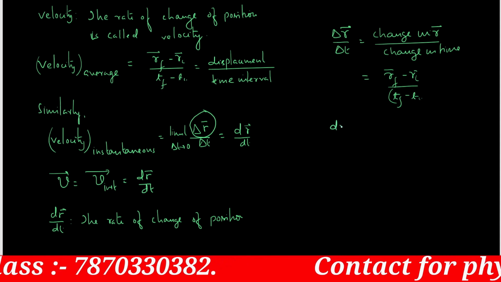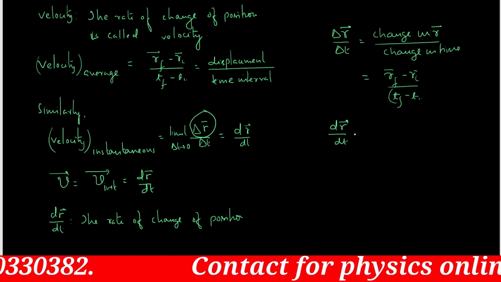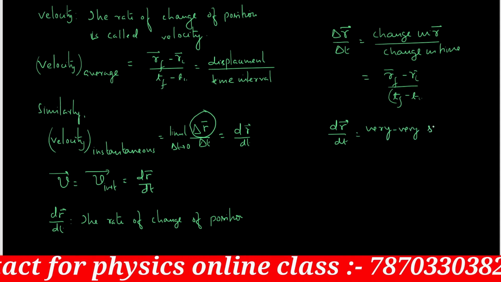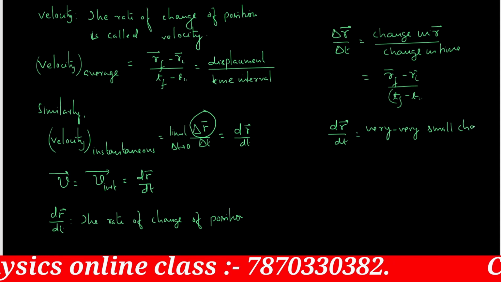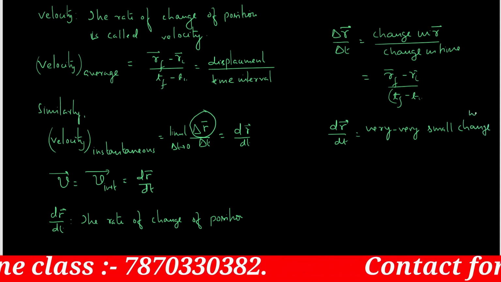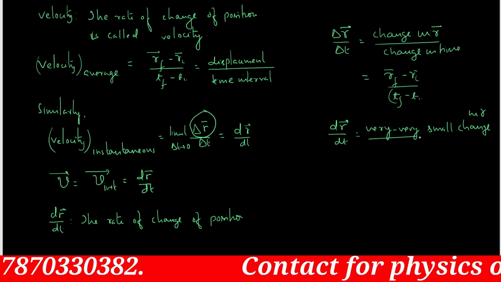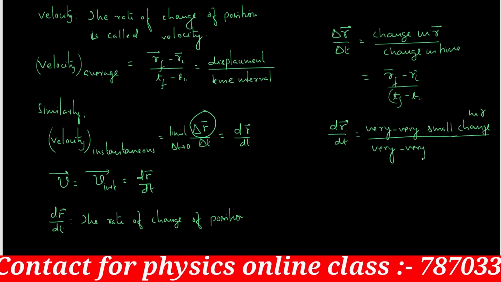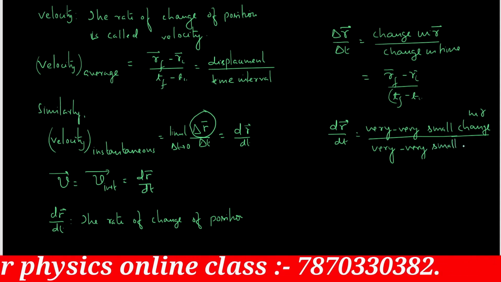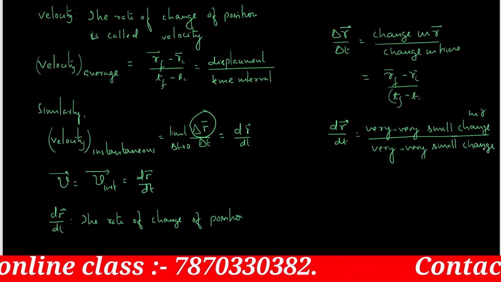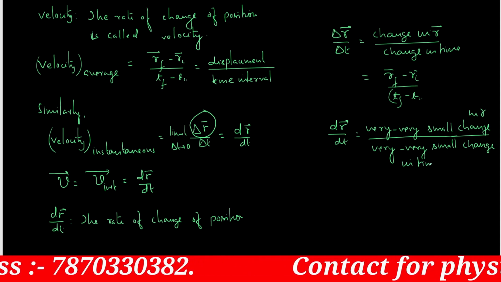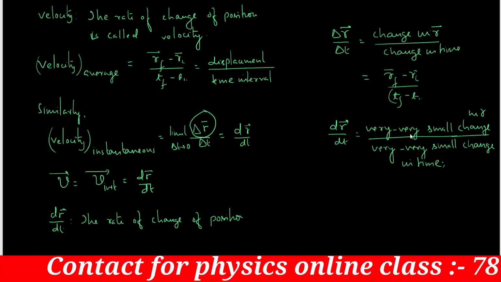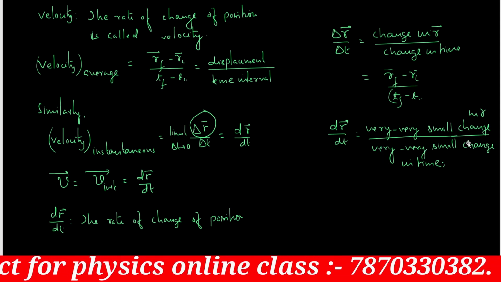But dr means a very, very small change in r, and dt is a very, very small change in time.